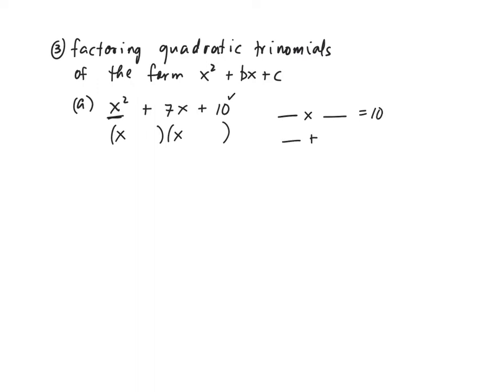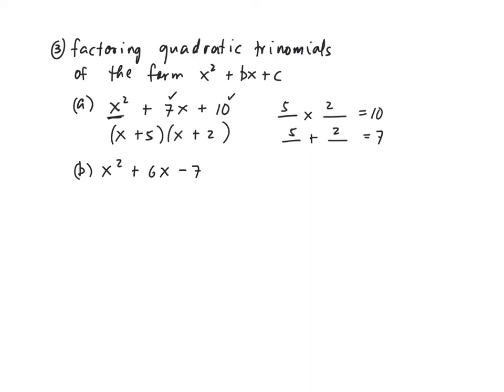When we add these two numbers, the answer is the coefficient of the middle term, which is 7. In this case, this is easy. That would just be 5 and 2, positive 5 and positive 2. So this is positive 5 here and positive 2 here, or positive 2 here and positive 5 here, it doesn't matter. So those are the factors of x squared plus 7x plus 10.